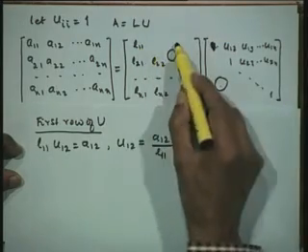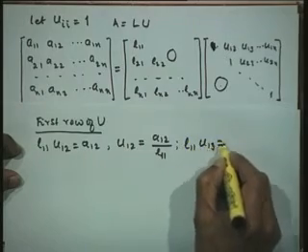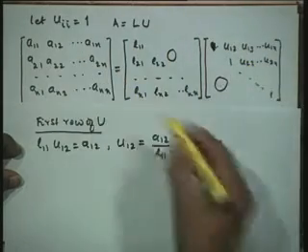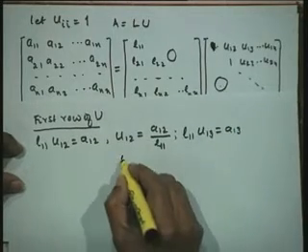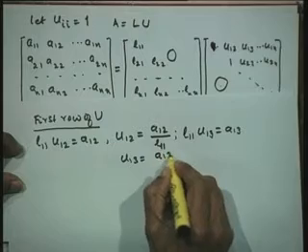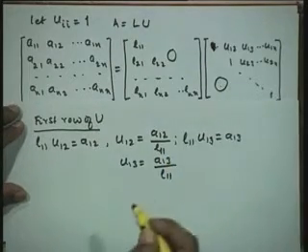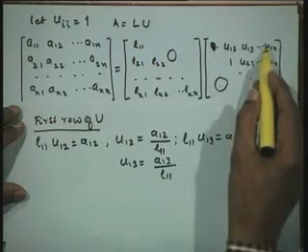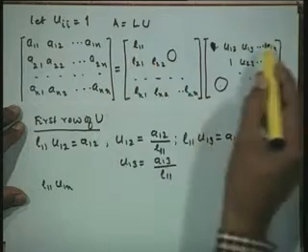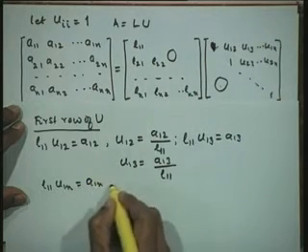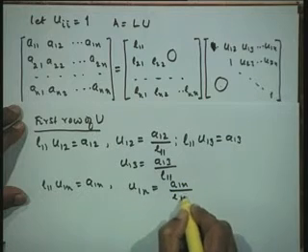Then I multiply the first row with the third column, that gives me L11 into U13, which is A13. Therefore, U13 is A13 by L11. I proceed to the first row multiplied by the last column, that gives me L11 into U1n equal to A1n. Therefore, U1n is A1n by L11.